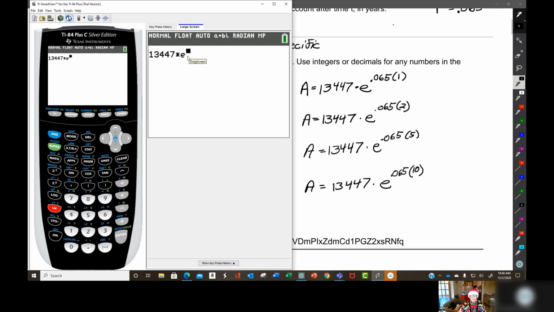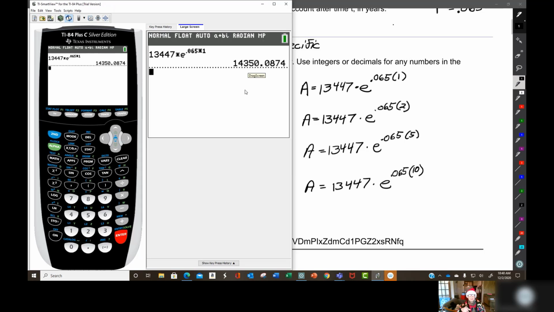So that'll be 0.065 times 1. So that's all I have to do, and then hit enter. And that's what I'll get for 1 year.